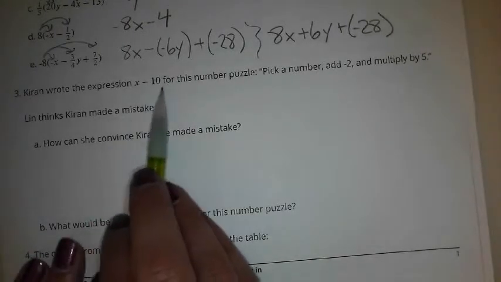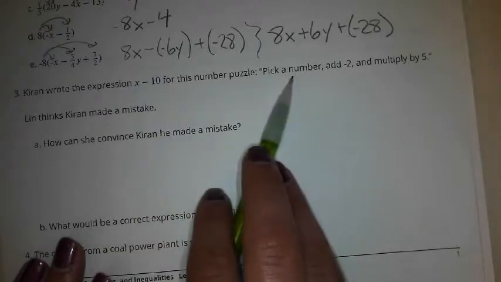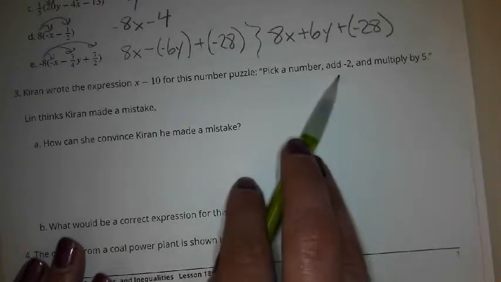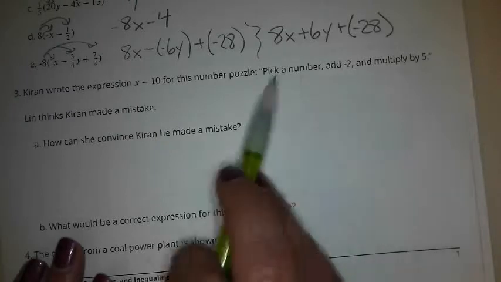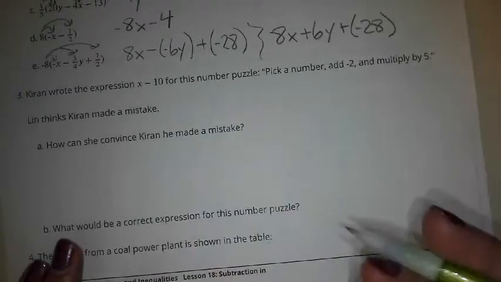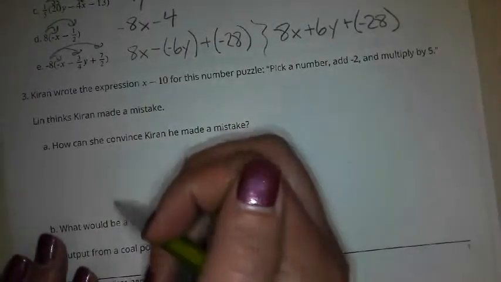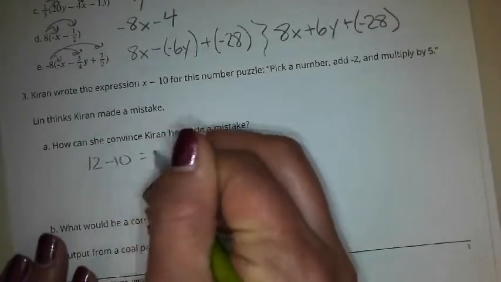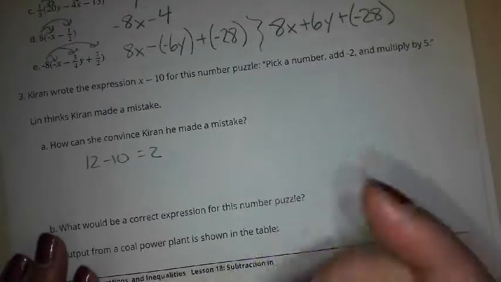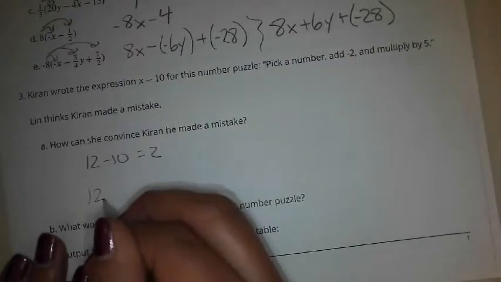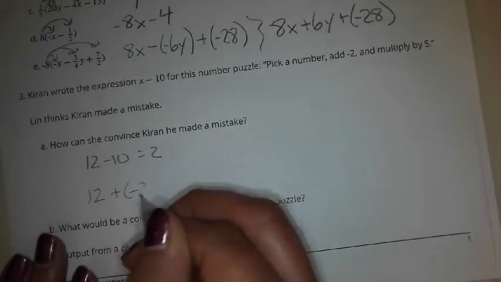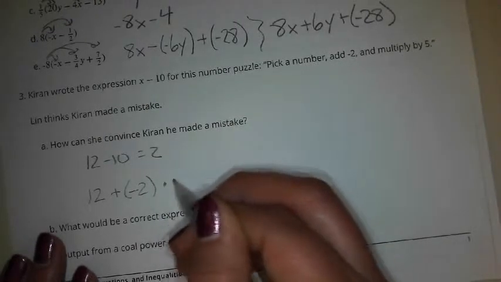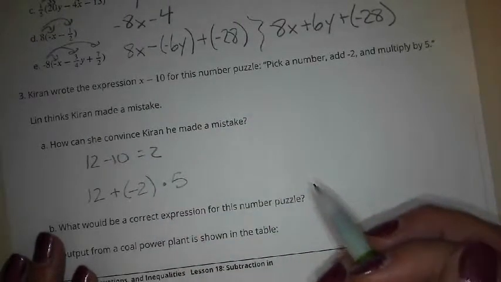So he has x minus 10. It says to pick a number, add -2, and multiply by 5. So if I pick a number, let's say I pick 12, and 12 minus 10 would give me 2. But this one says pick a number, 12, add -2, and then times by 5.